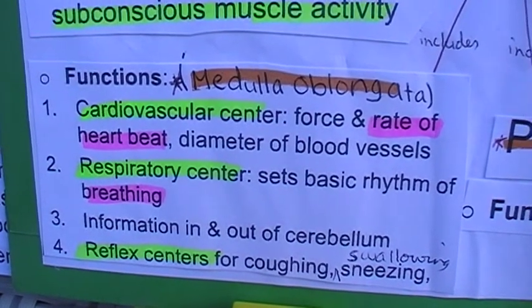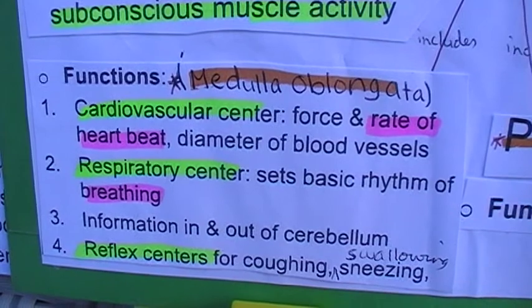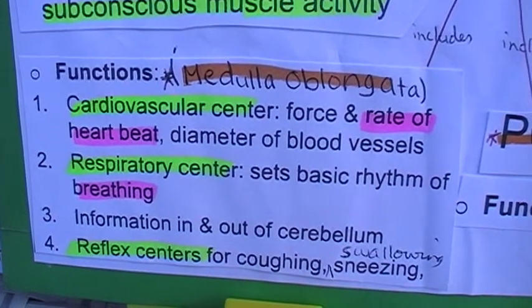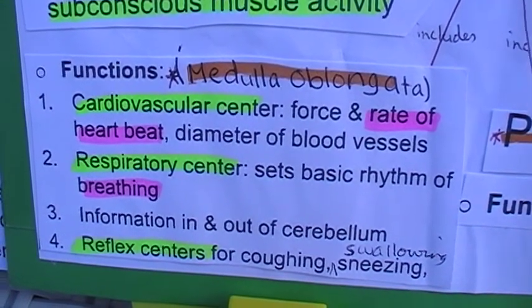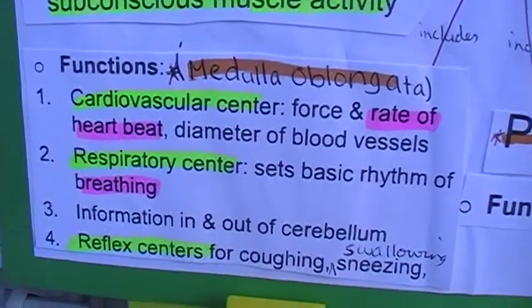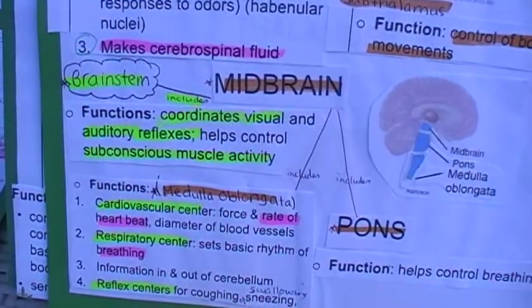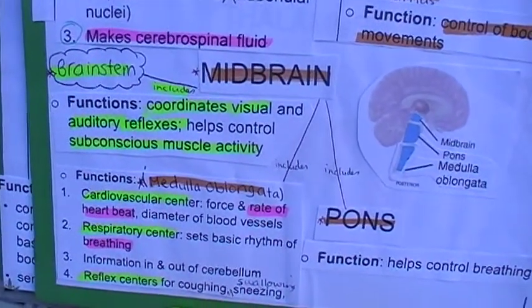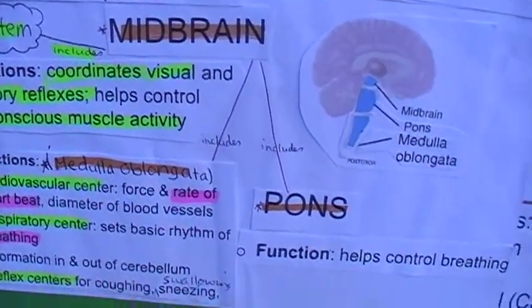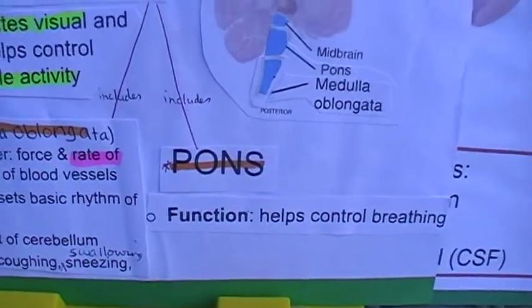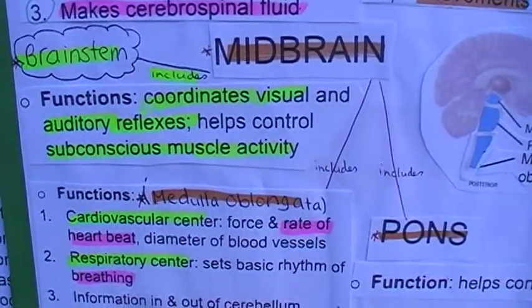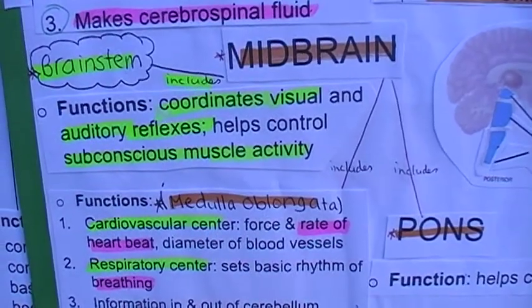Respiratory centre sets the rhythm for breathing. The brainstem has, in a sandwich, midbrain, pons, which controls breathing, and medulla oblongata, CRRI.